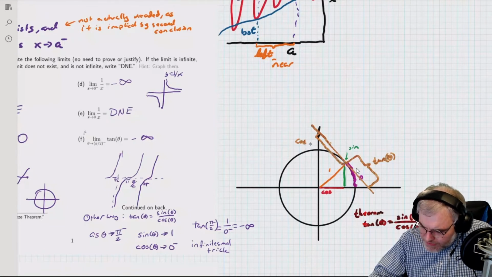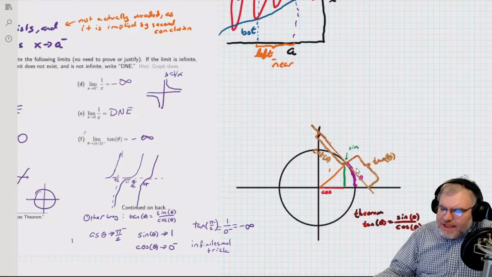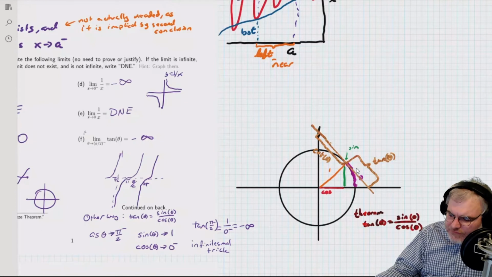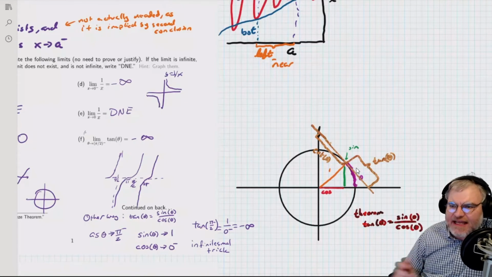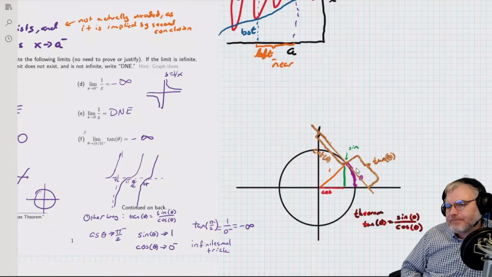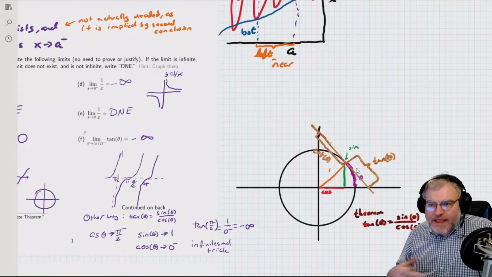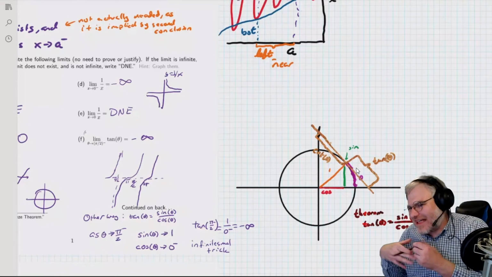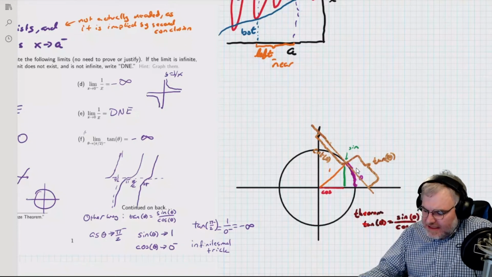That's called the cotangent. So that's why this is called the tangent function. It measures the length of the tangent line back to the x-axis. Now, it happens to be also equal to sine over cosine, but that's not really what it is. What it is is this length here.